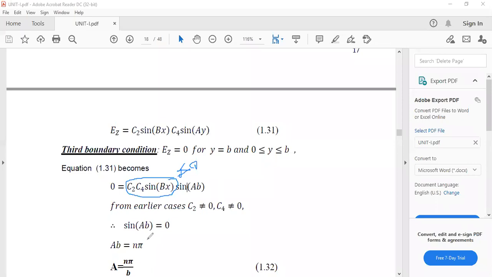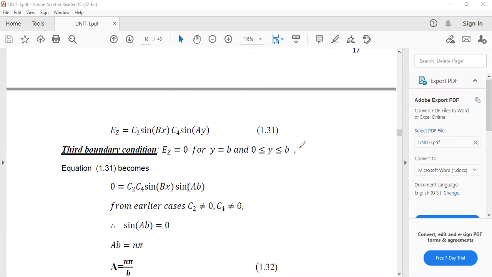So sin pi, sin 2 pi, sin 3 pi, like that. So in general Ab is equal to n pi, then only sin of Ab is equal to 0. So from this you can write A is equal to n pi by b.